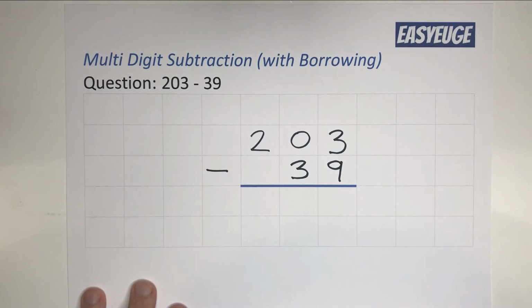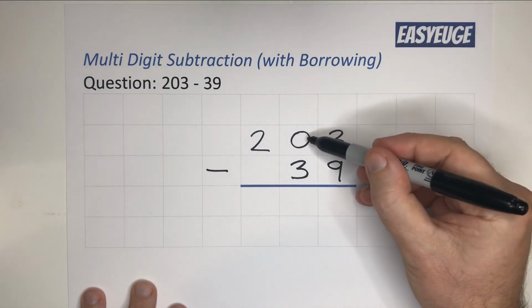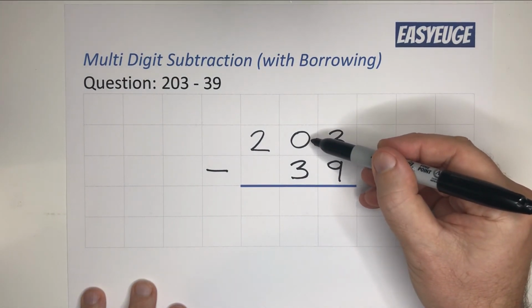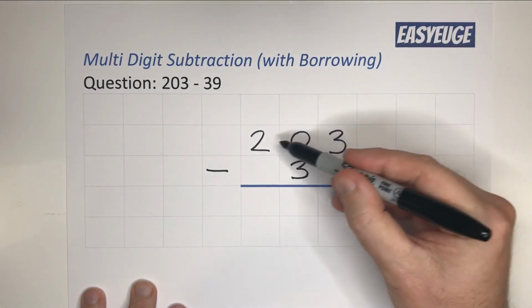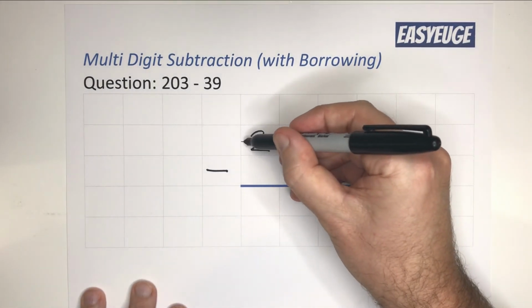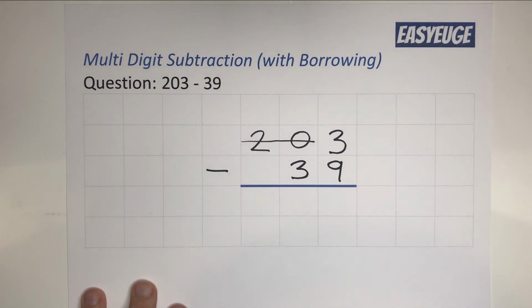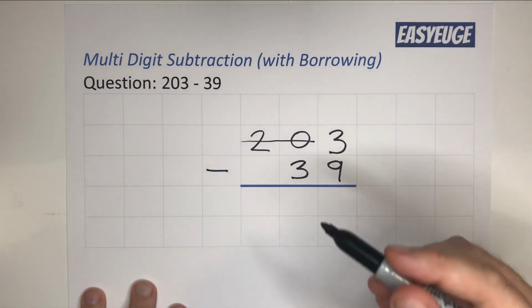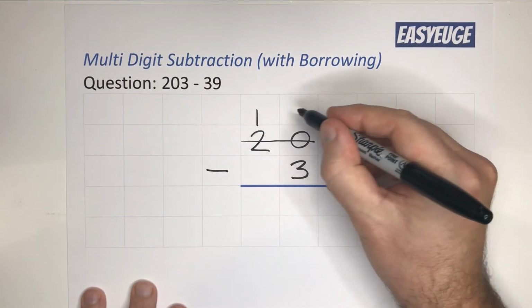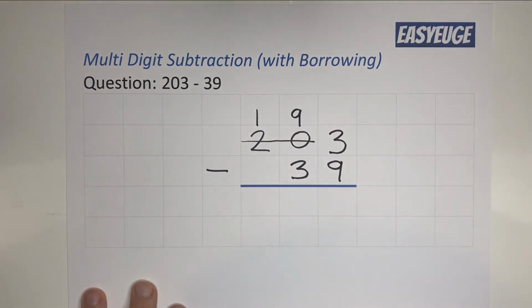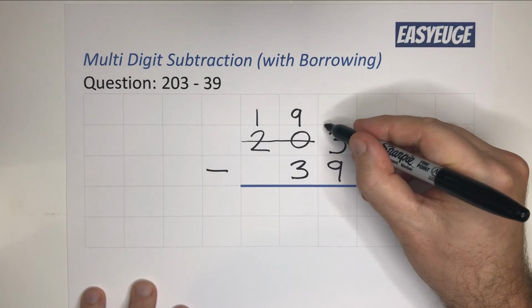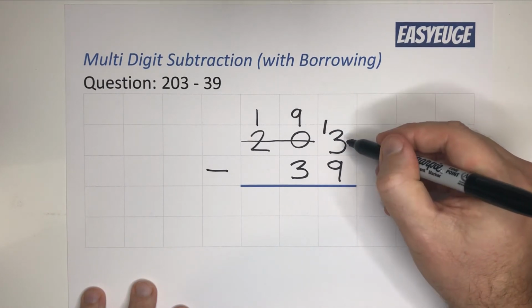What you do here is look at this number as the number 20. If I draw a line through 20, and take away 1, that becomes 19. 20 take away 1 is 19, and I'm going to borrow the 1 and give it to the 3.